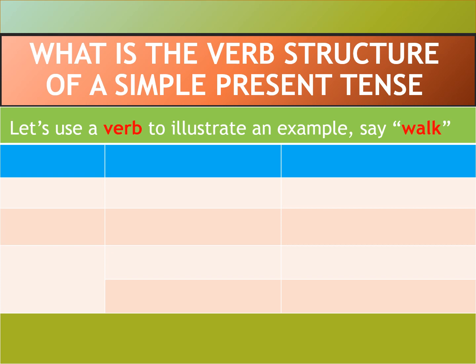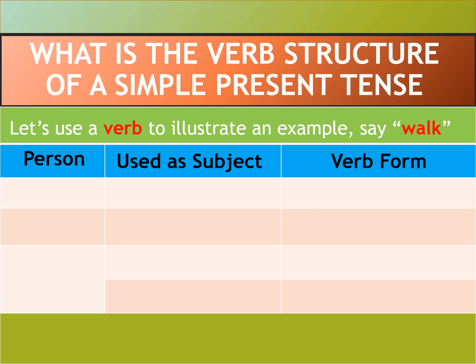Let's have these 3 columns: person, used as subject, and then the verb form. In the first person, we have I and we, which function as a subject in the sentence. And the verb form here is walk.